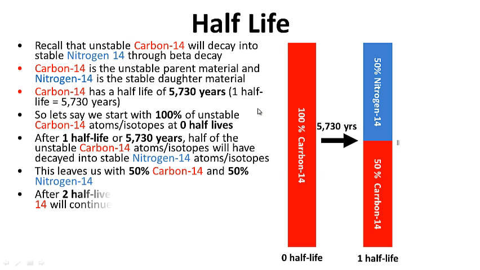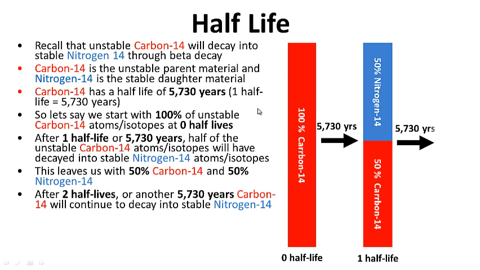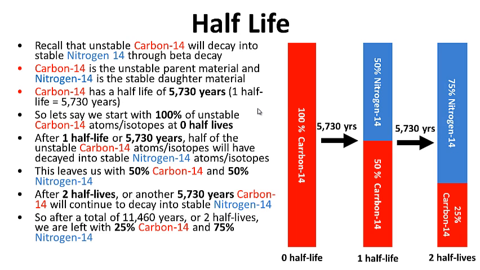After 2 half-lives, or another 5,730 years, carbon-14 will continue to decay into stable nitrogen-14, the daughter product. So after a total of 11,460 years, or 2 half-lives, we're left with 25% carbon-14 and 75% nitrogen-14.